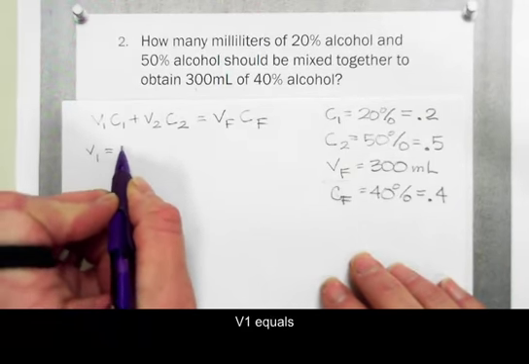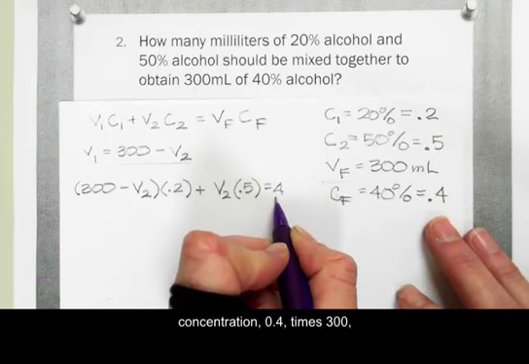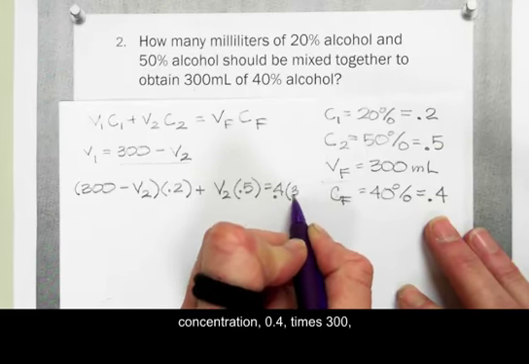I'm going to use this for V sub 1. So I have 300 minus V2 times my concentration for the first stock solution, 0.2, plus V sub 2 times that concentration, 0.5, equals the final concentration, 0.4 times 300.